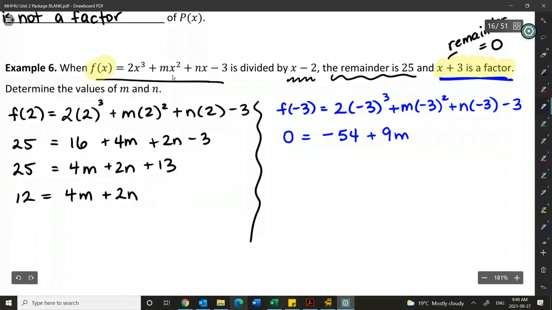Plus 9m minus 3n minus 3. Let's move everything without a variable to the other side. Okay, variables will stay on the right, numbers can move to the left. I'm going to get negative 57, and then when I move it over, it will become positive 57.